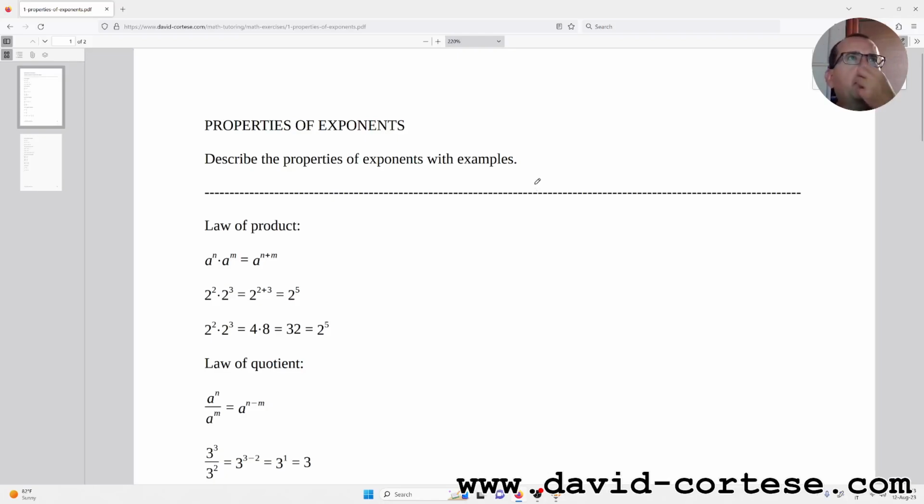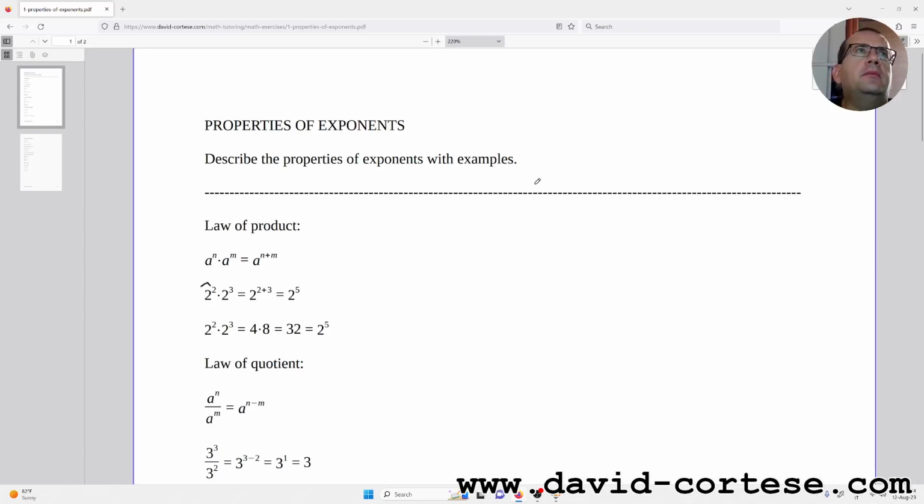So, okay, the first is the law of product. A raised to n times a raised to m is equal to a raised to n plus m.